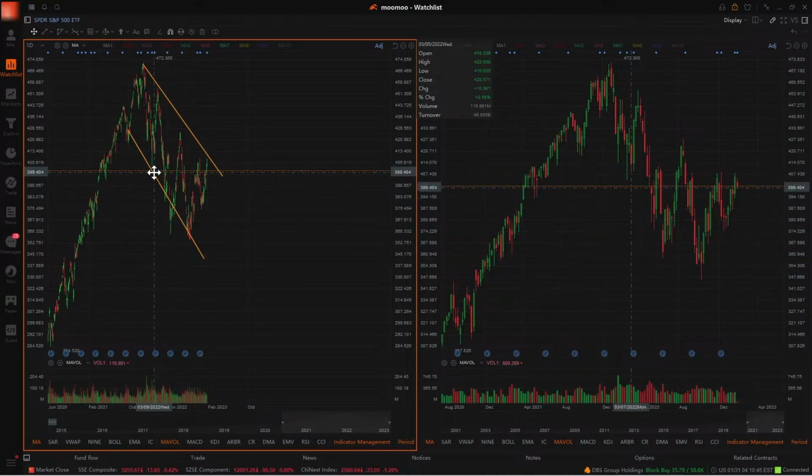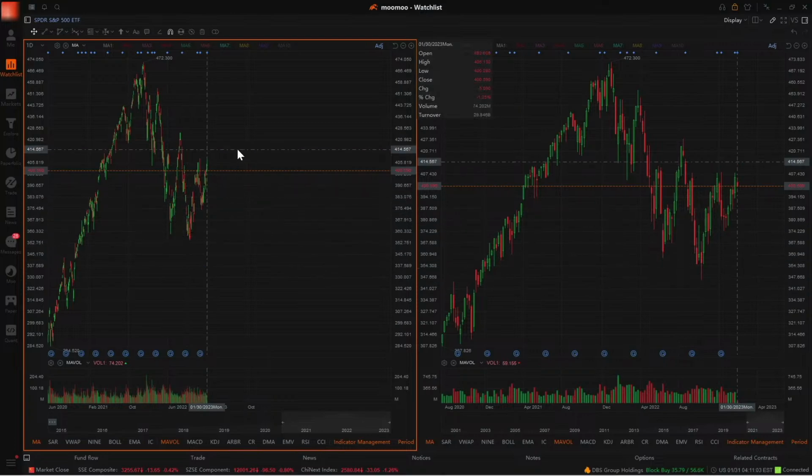Sometimes people tend to make mistakes. If you want to delete this line, you can click on the line and then click delete. Yep, you see now the line has disappeared.